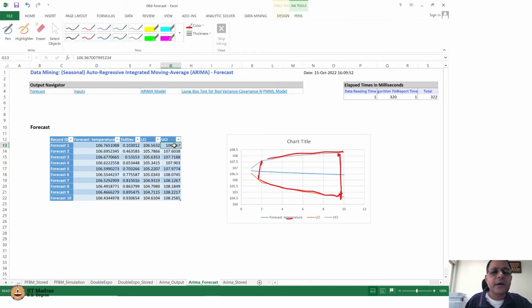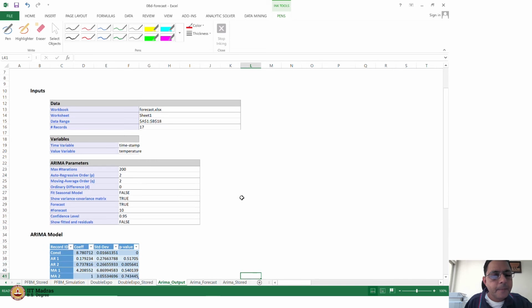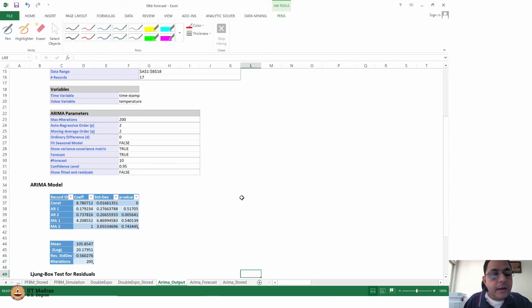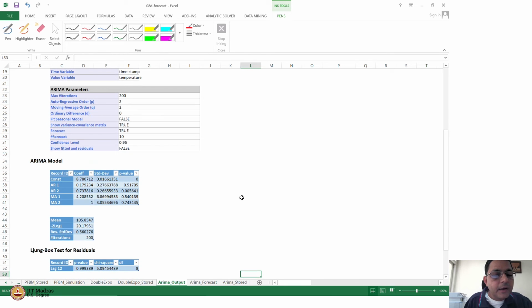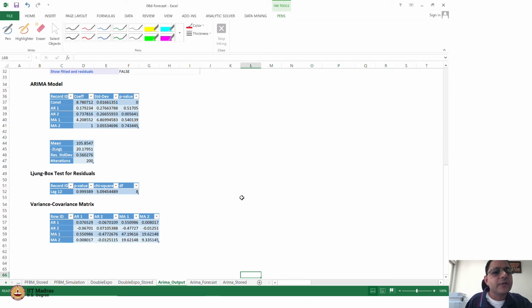This time we have tried to fit an ARIMA model. So here is a summary of all the output printed by Analytic Solver, and it has all the statistical indicators for us to understand whether this model is a good model or not. All the p-values are printed.